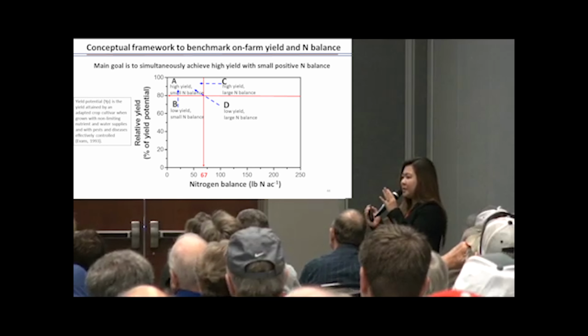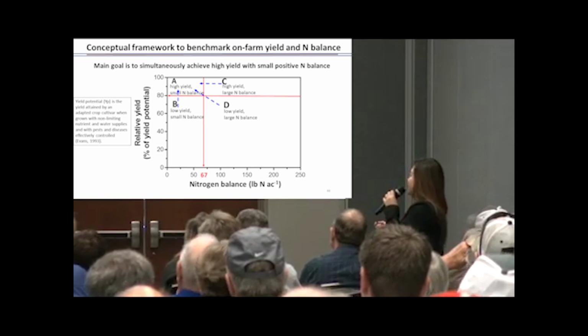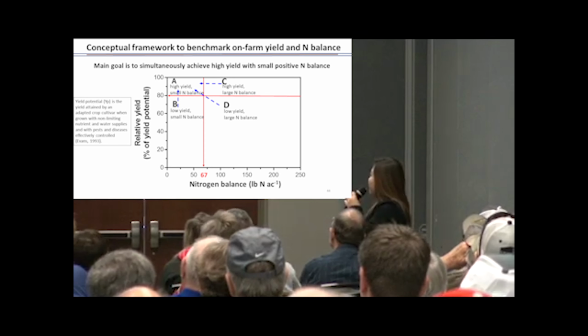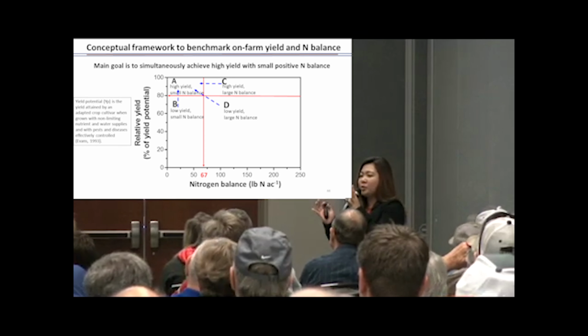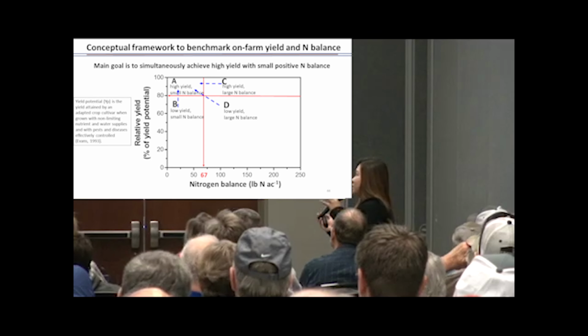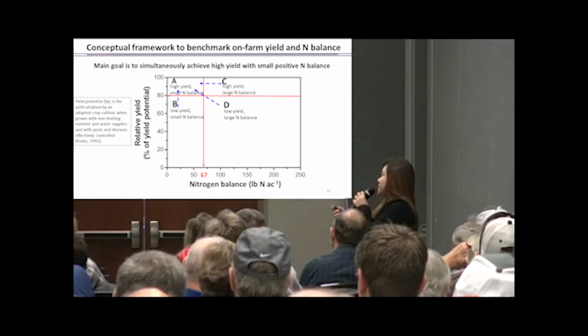And the worst scenario again here is those fields that fell in category B. So those are the fields that have large or ample room for improvement. They could probably increase their yield or reduce their nitrogen balance by some agronomic management practices.